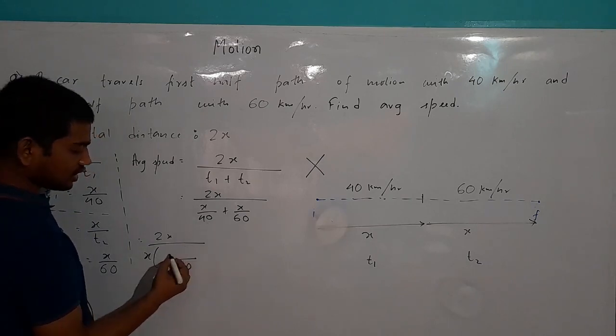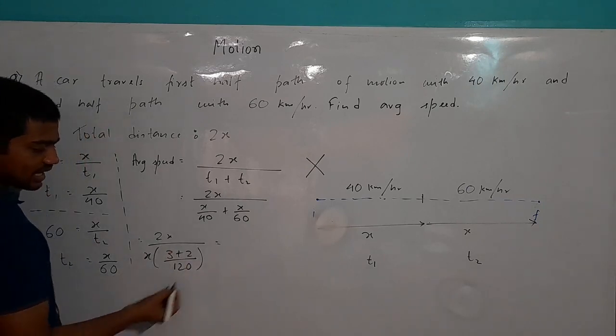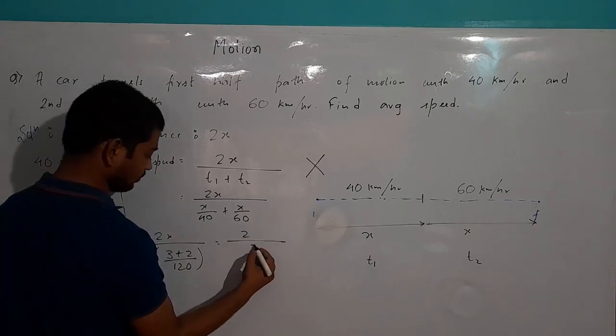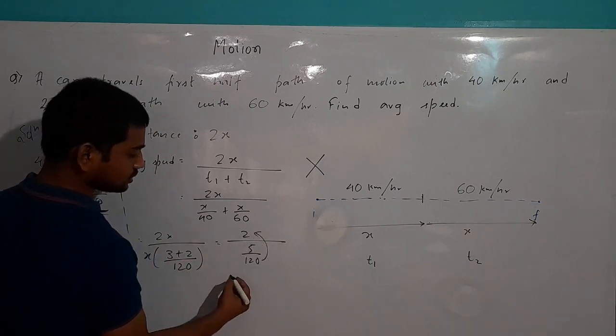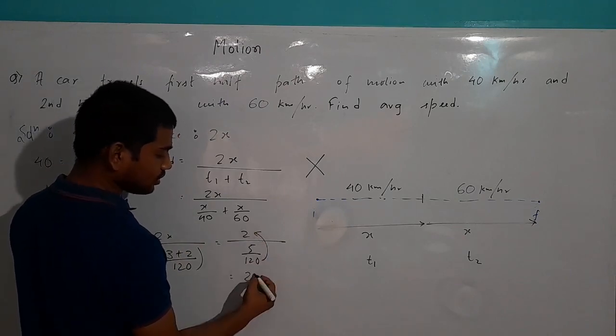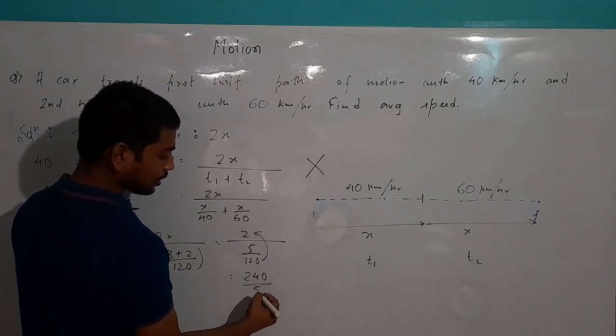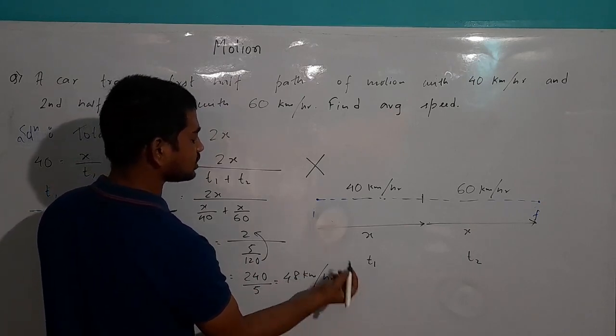So 120 divided by 40 is 3 plus 2. Alright, now x and x will get cancelled. We have 2 divided by 3 plus 2 is 5, 5 divided by 120. So 120 will go up. I hope you know all this in basic mathematics. So that is 120 into 2 is 240 divided by 5, that is 48 kilometer per hour.